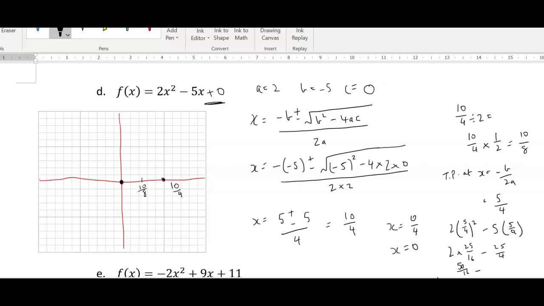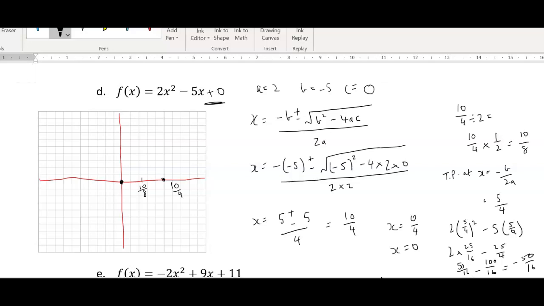Now, if you wanted to do this subtraction, you must have the same denominator for your fractions. So I've got to change this 4 to a 16. I did that by multiplying it by 4, so I do the same to the top. So 50 minus 100, so we're going to have negative 50 over 16.